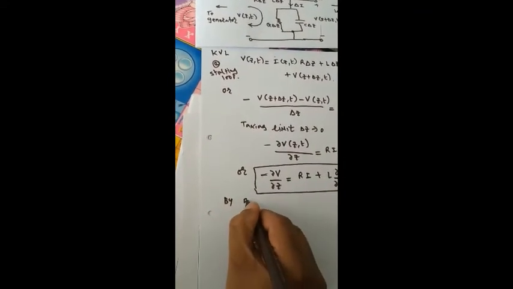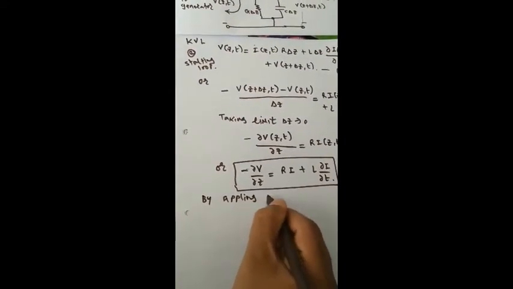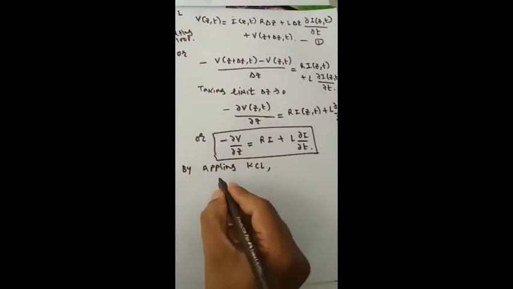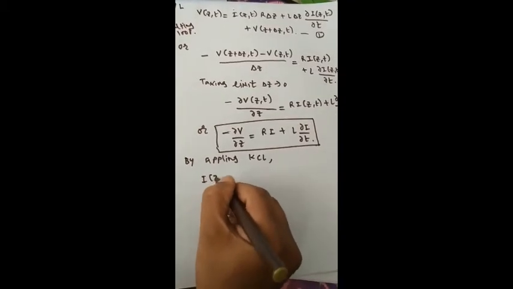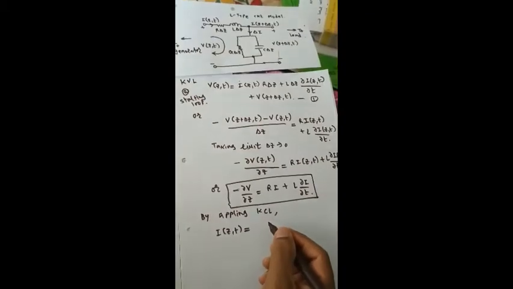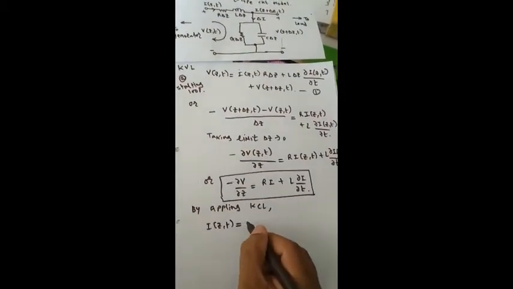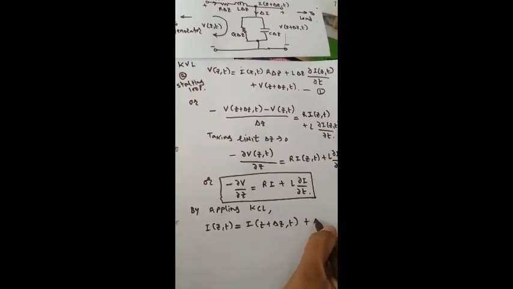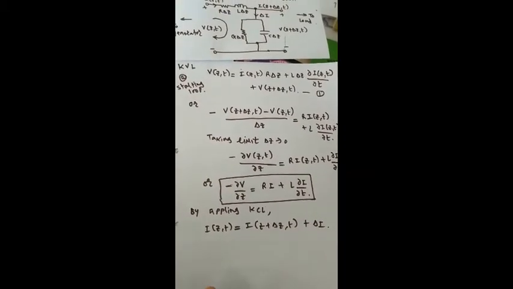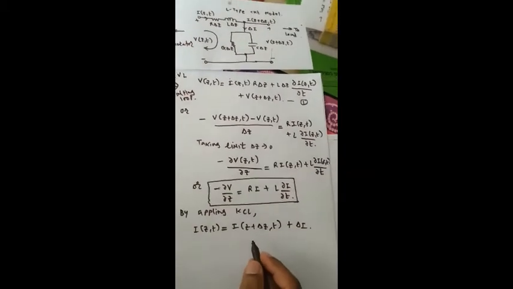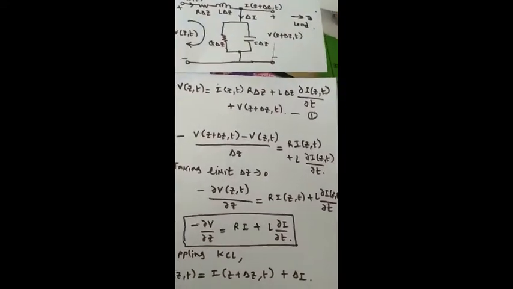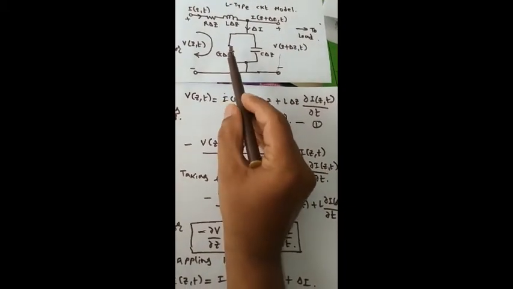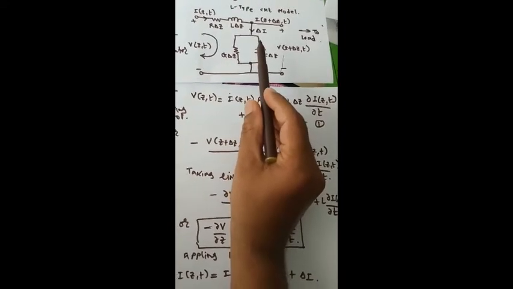By applying the KCL, we get I(Z,t), as I mentioned, equal to I(Z plus delta Z, t) plus delta I. Now I can express this delta I as the current flowing through this line and the current flowing through this line.